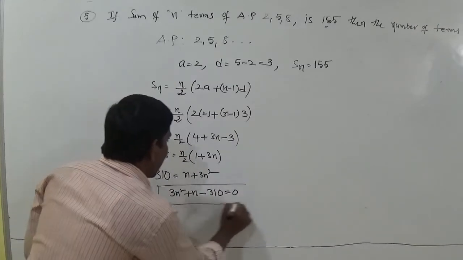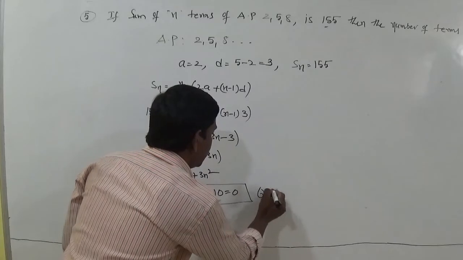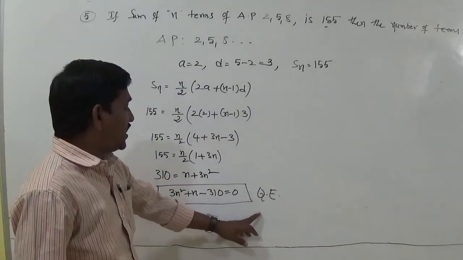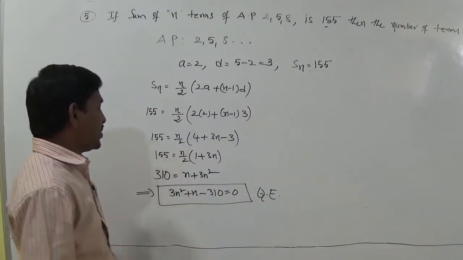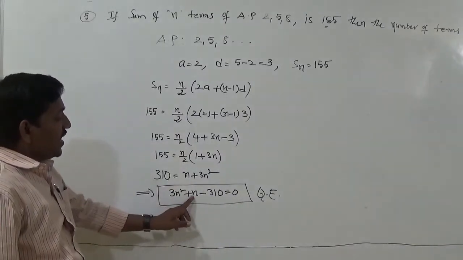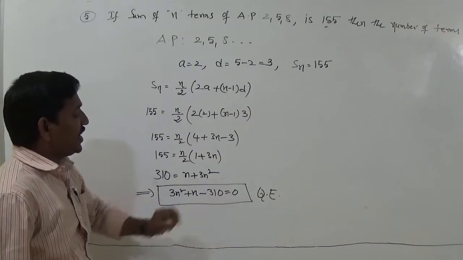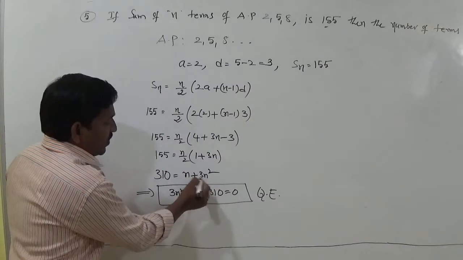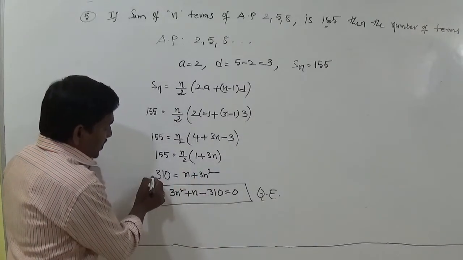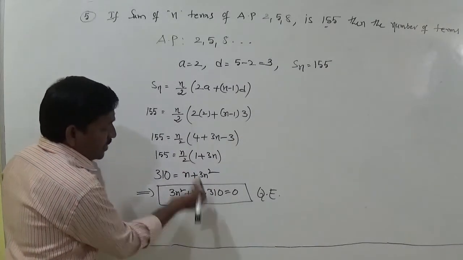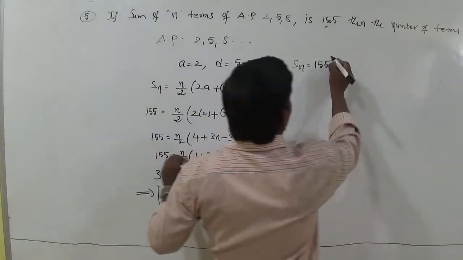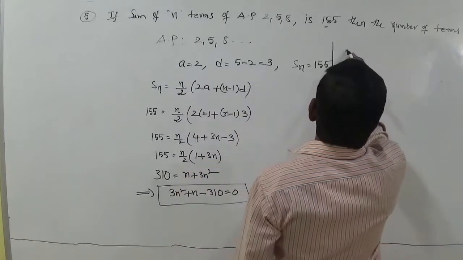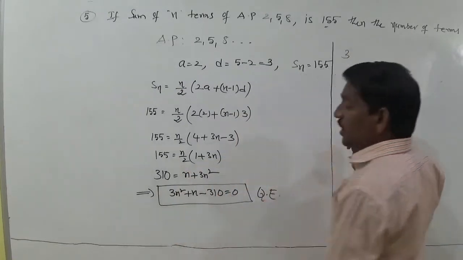It is a quadratic equation. Don't worry, you will learn about quadratic equations after this class. 3n square plus n minus 310 equal to 0. Why? Because 3n square plus n is a positive value, and by transposition it becomes negative. Write the quadratic equation and factorize it.